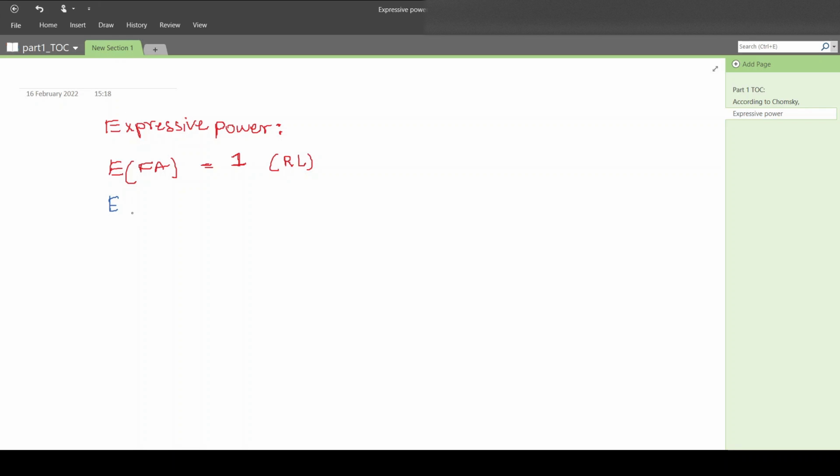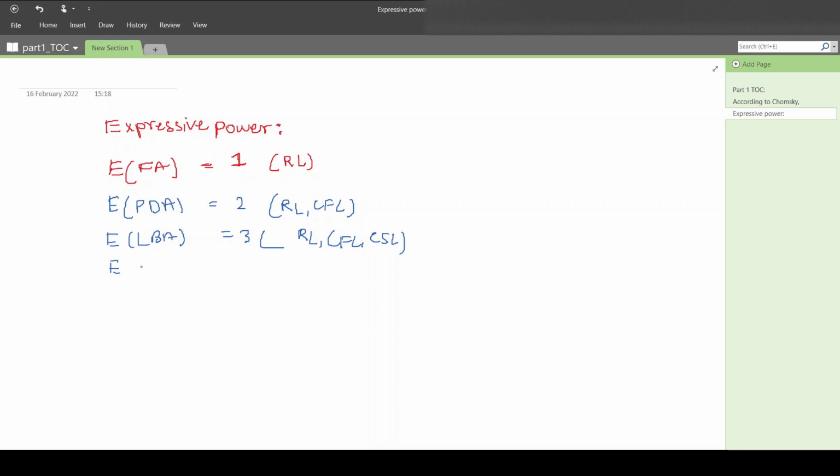Expressive power of PDA. PDA accepts two languages, that is type 2 part: regular language and CFL. Likewise, the expressive power of linear bounded automata is 3: regular language, CFL and CSL.